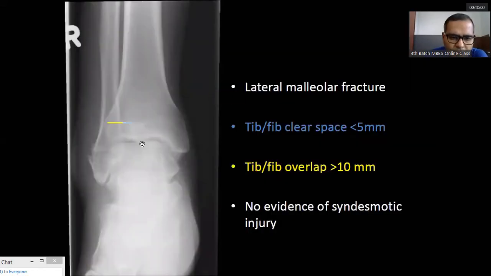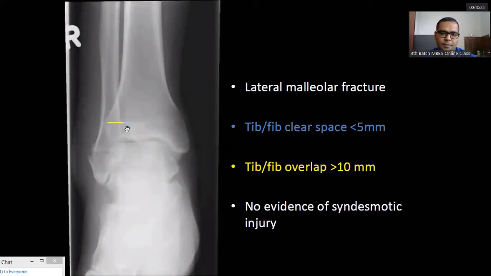In this picture, we can see that there is a fracture in the lateral malleolus. The blue line shows the tibiofibular clear space, and the yellow line is the tibiofibular overlap. The ideal normal value of the tibiofibular clear space is less than 5 mm.